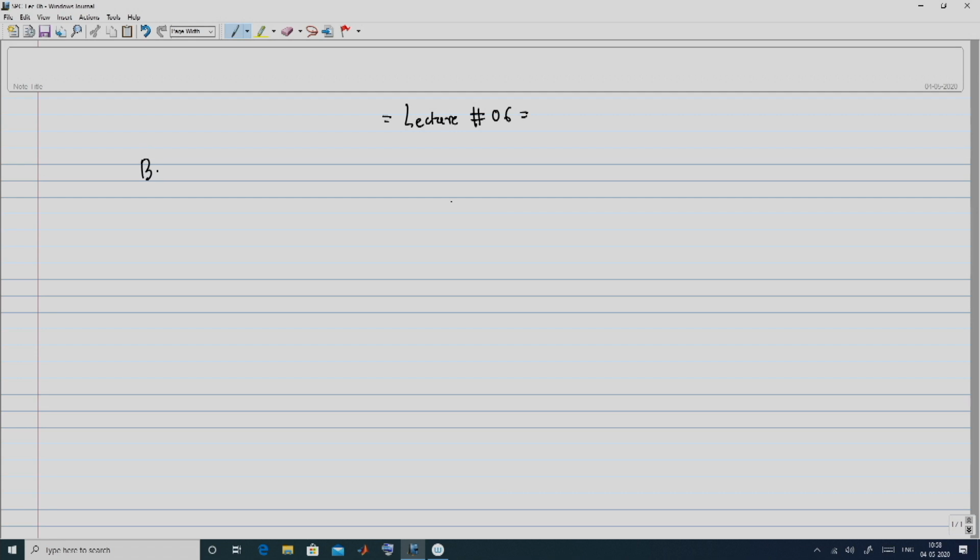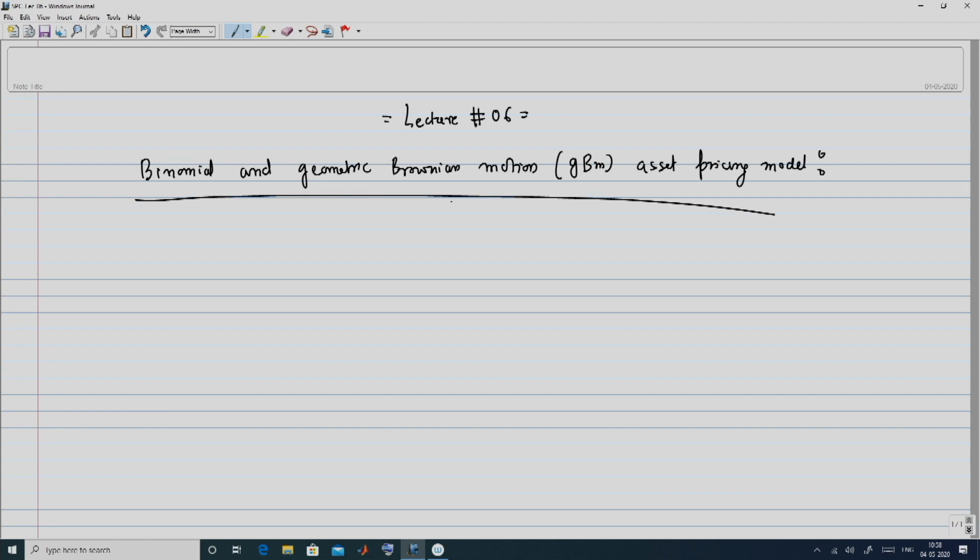So the topic of this lecture is the binomial and geometric Brownian motion, or GBM, asset pricing model. So, let us first begin with the binomial model.